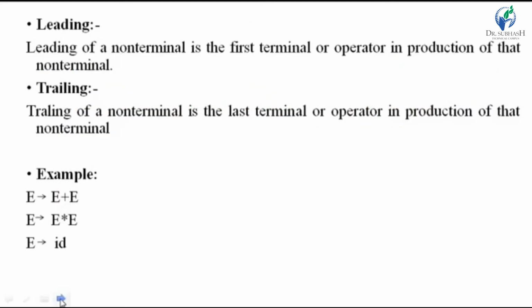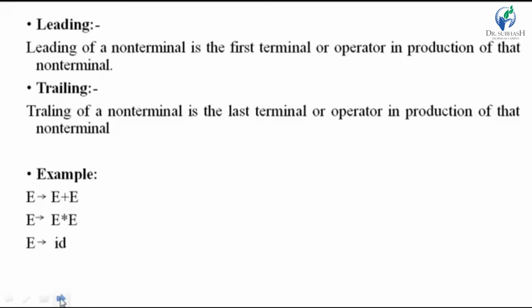For operator precedence grammar, you have to find leading and trailing of a non-terminal. So what is leading? How to find leading or trailing of a non-terminal? Leading of a non-terminal is the first terminal or operator in the production of that non-terminal, and trailing is the last terminal or operator in the production of that non-terminal.